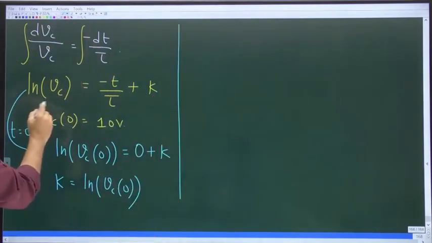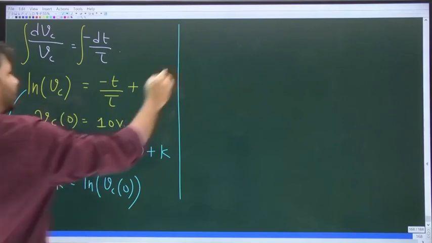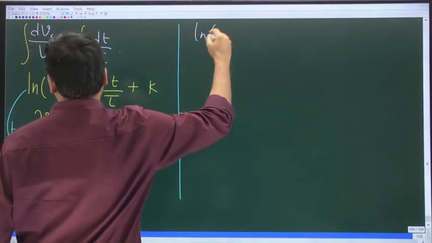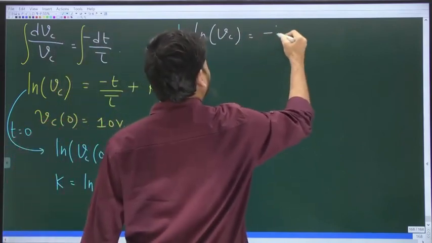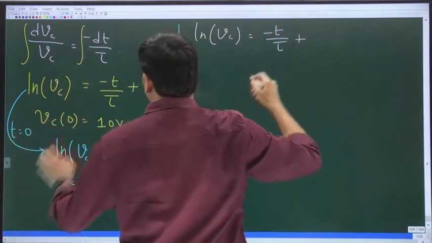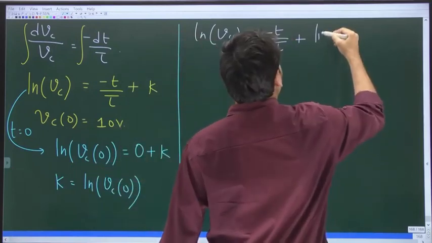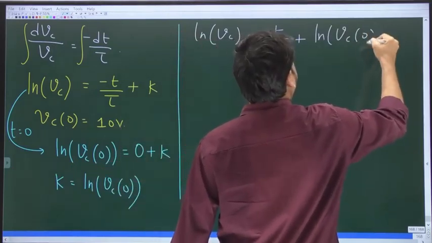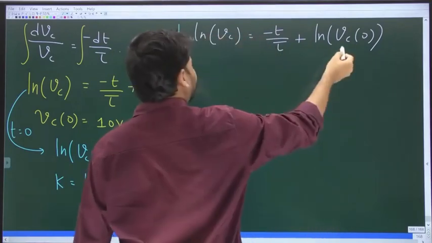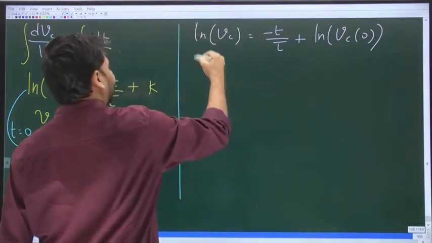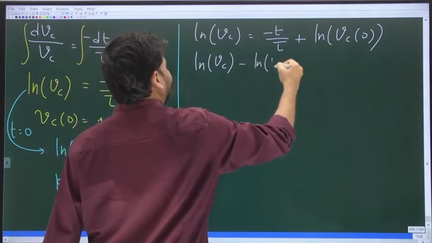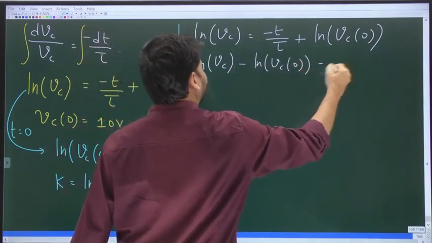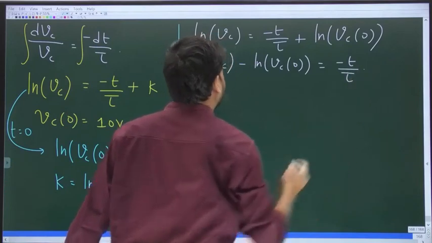Now come back to this equation: ln of Vc equal to minus t by tau plus k, where k is ln of Vc of 0. Now this ln of Vc of 0 will go to the other side, so we get ln of Vc minus ln of Vc of 0 equal to minus t by tau.